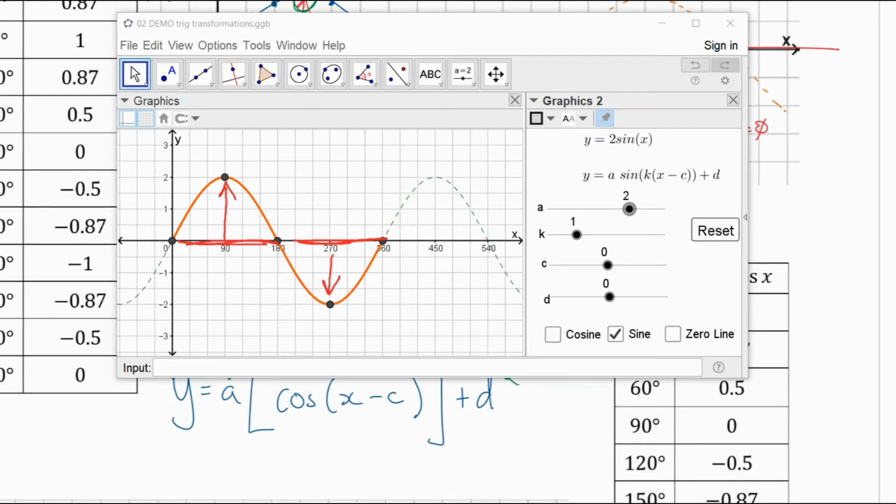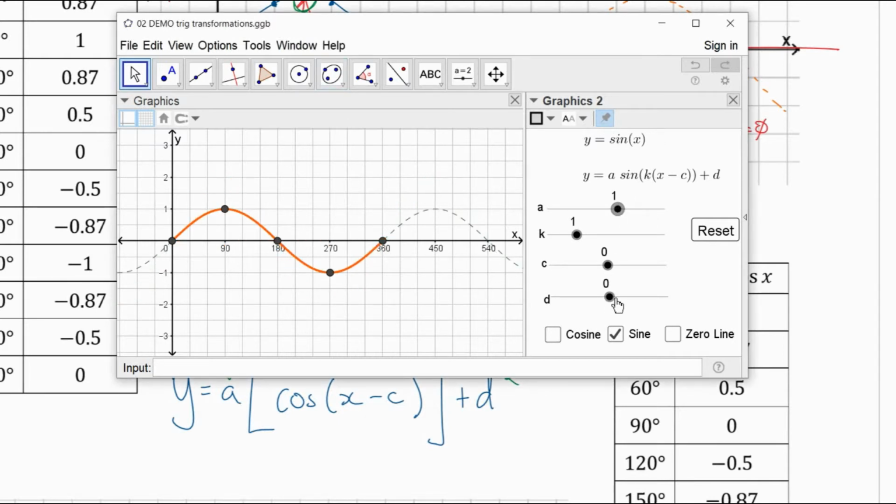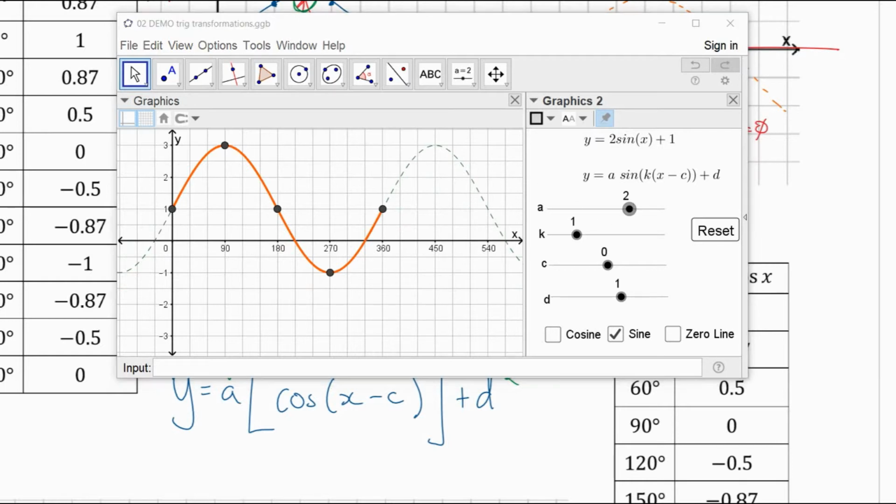And so people will think, for example, if I drag D up here, the amplitude is 3 because that's where the max is, right? People will think the amplitude is 3, but it's not, because the amplitude is the distance from the 0 line to the top and the 0 line to the bottom.